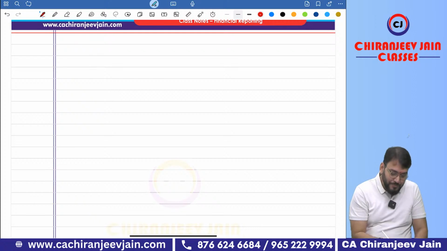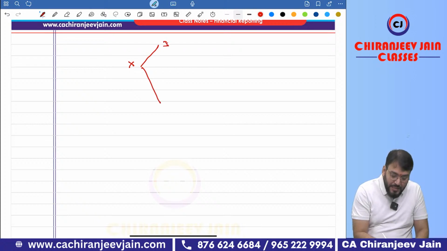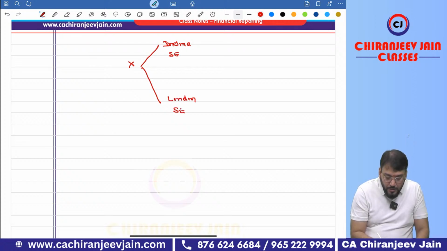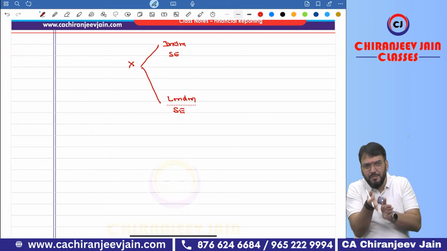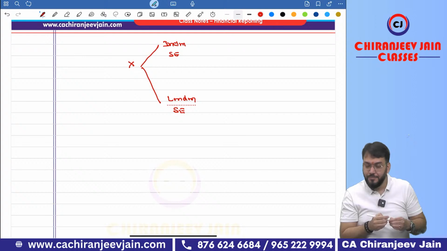What is this point? Suppose there is one existing company, X Limited, listed on the Indian Stock Exchange and the London Stock Exchange. As per the requirement of the Indian Stock Exchange, till now Ind AS is not applicable, meaning before 1/4/2016.